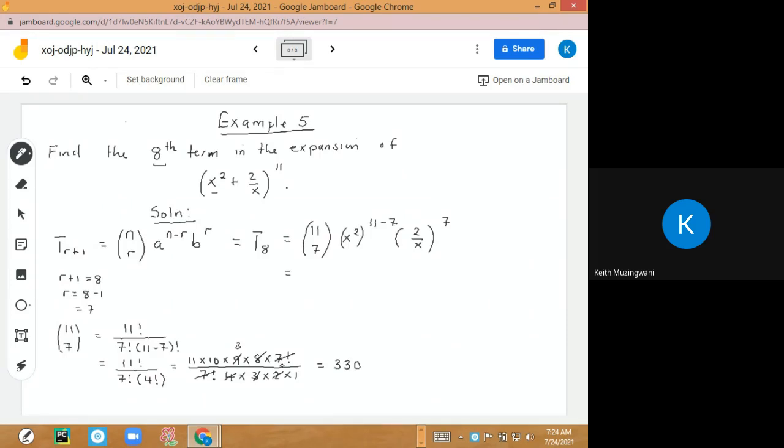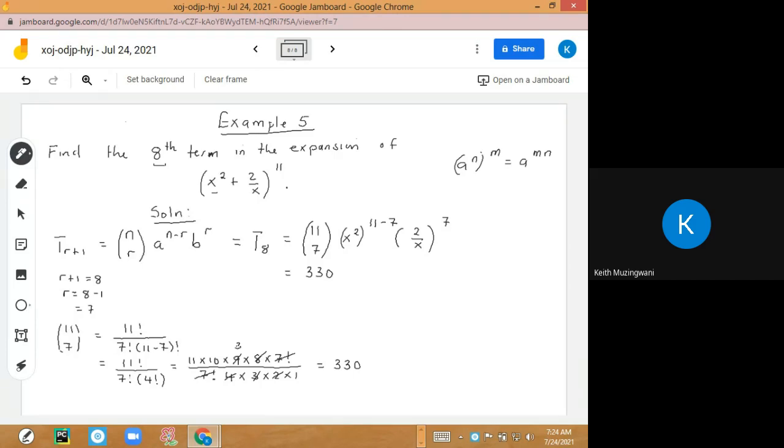So you go back and say 330 multiplied by x squared to the power 11 minus 7, that is 4. And you know that if you have a power n to the power m outside, this is the same as a power m multiplied by n, or a power n multiplied by m. You can switch them in any way because that's multiplication there.